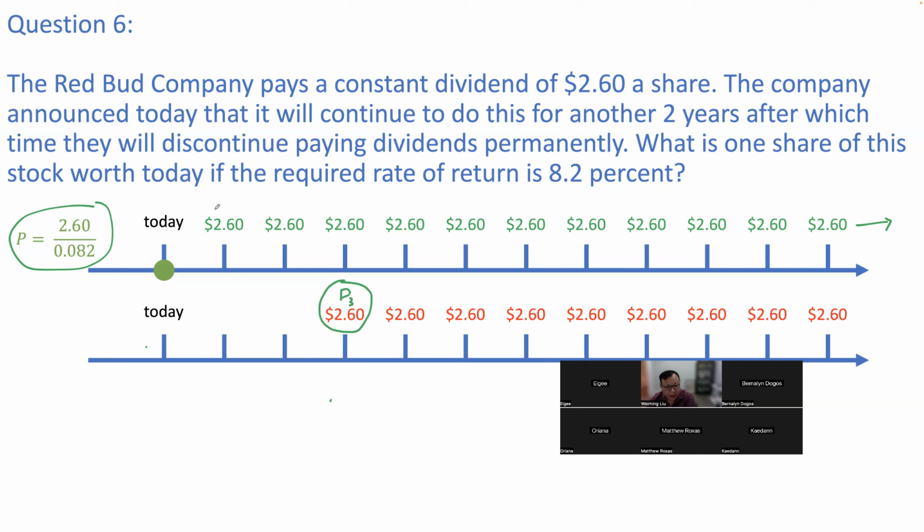Think about this. Here, you know D1, and you can calculate D0, right? So now you know D3, which one can you calculate?